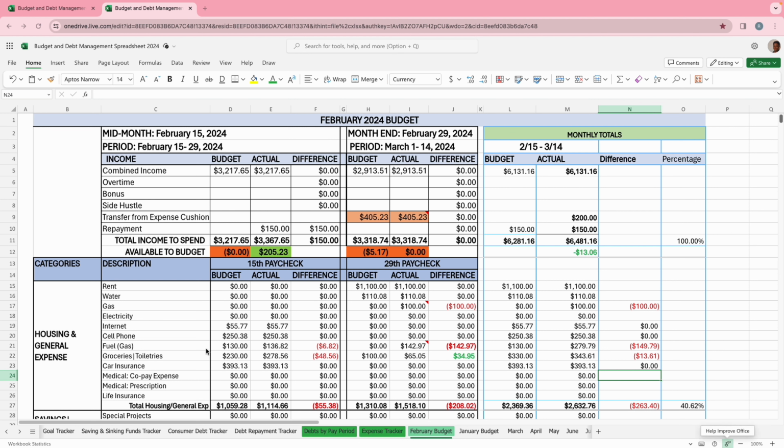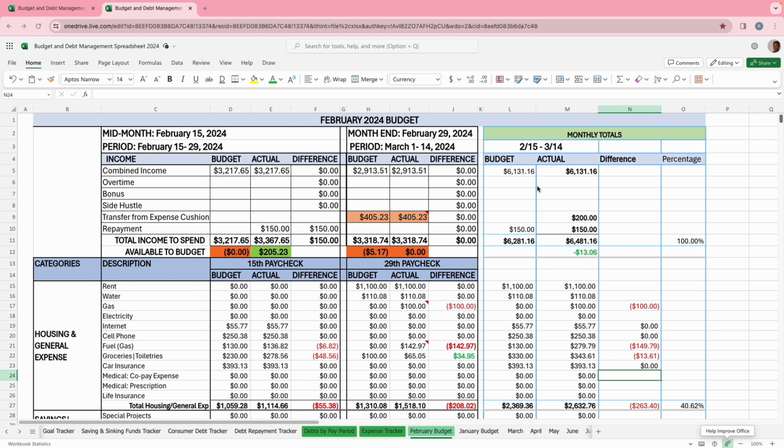You are looking at my February budget worksheet. The first thing that I do when I'm closing is to review my spreadsheet. I did my review and my updates, because in the previous video I did the actuals for the paycheck that I received for February 29th, which would have covered March 1st through the 14th.